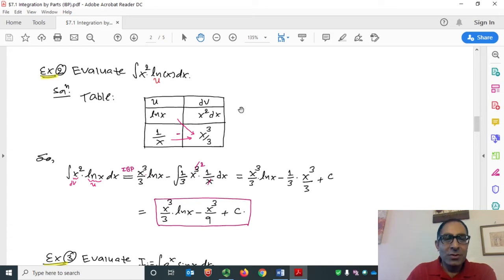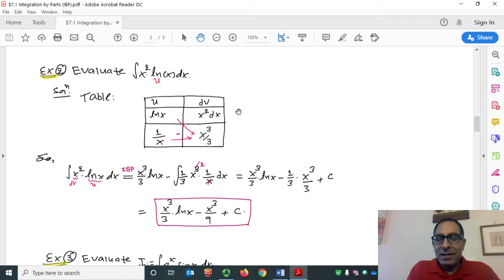You might be wondering why I pick u equals ln x. If I pick dv equals ln x, then in the next step I need to take the integration of ln x. Then either we don't know the formula of the integral of ln x at this time, or the integral of ln x is slightly harder than the derivative of ln x.